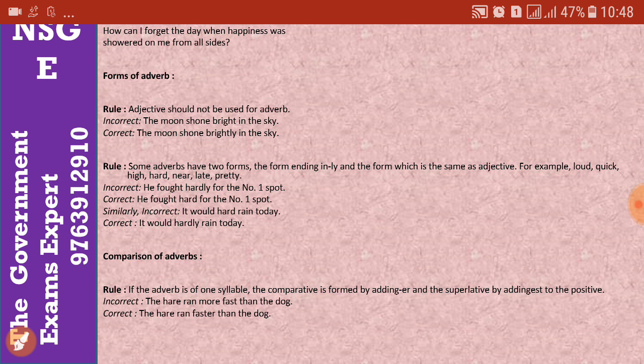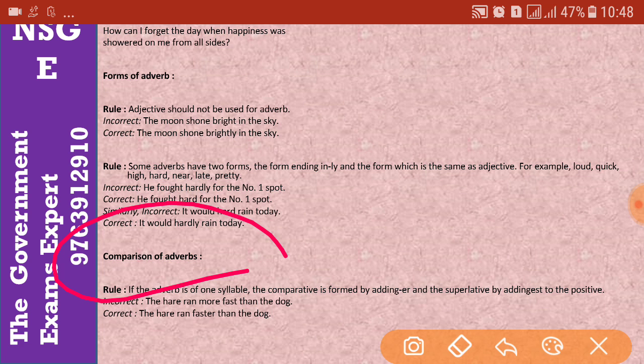What did rule number 1 state? If the adverb is of one syllable, the comparative is formed by adding er, and the superlative by adding est to the positive. How? Let's have a look. Suppose there is an example: the hare ran more fast than the dog.